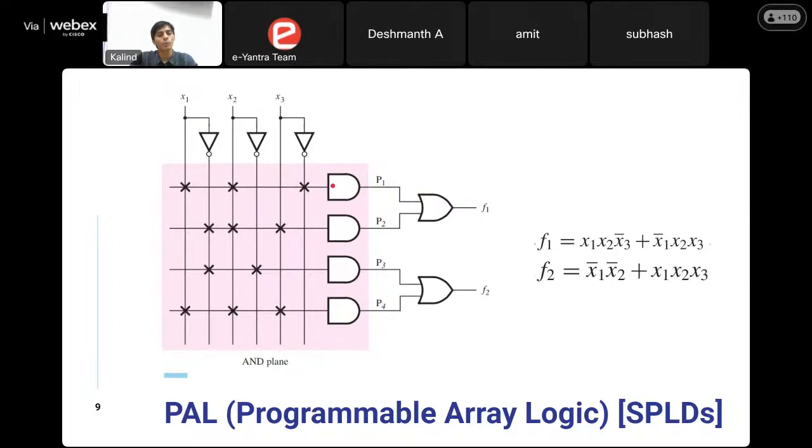All you can do is program the switches over here to decide which input should be given to a particular AND gate. In the case of P1, you are asking for the product of x1, x2, and x3 bar. That's how P1 is created. And you want x1 bar, x2, and x3. That's how P2 is created, right? And you have this particular OR gate which is already fixed, and that's how you get F1 over here.